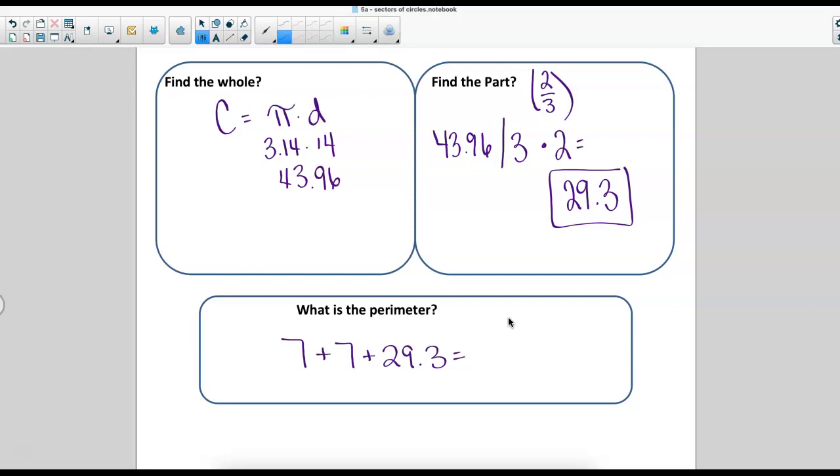How did we look at that all in at the same time? I couldn't hear. 43.96 divided by 3 times by 2. 43.96, hit the divide by button, 3 times 2. Okay, you must have had something else in there. So you get 43.3, and I forget, was this inches?